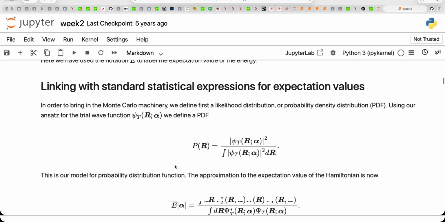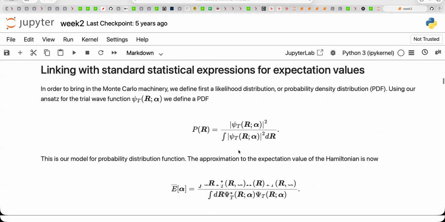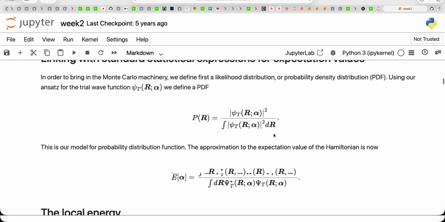And then what we did last time, so this is still a repetition of what we did last time, in order to rewrite that integral as a standard statistical expectation value, we rewrote the integral in terms of what we call the probability, which is just a quantum mechanical probability.